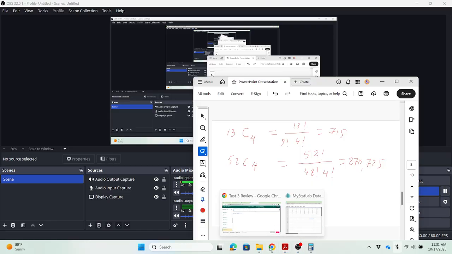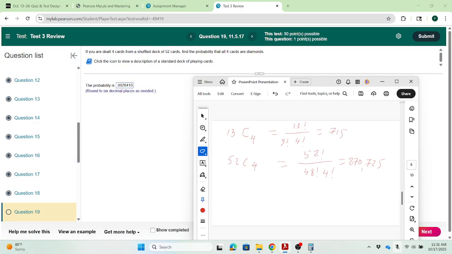Okay, so I did this calculation here in the background. We can choose 4 diamonds out of 13 diamonds using the combination formula, and there are 715 different ways. We can choose 4 cards out of 52 cards, again using the combination formula, and there are 270,725 ways.